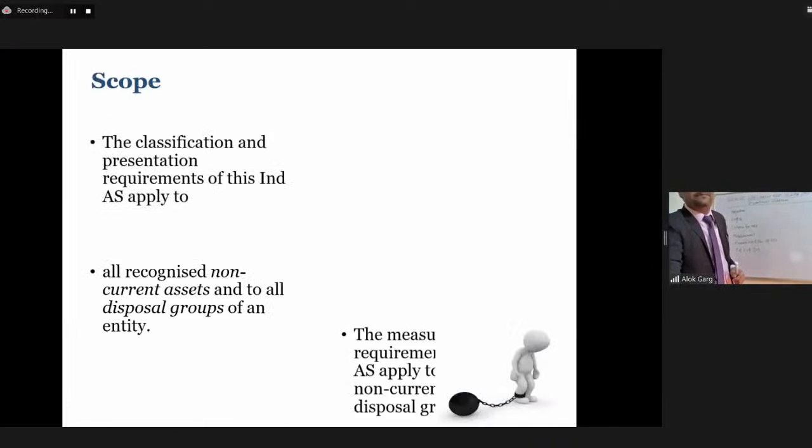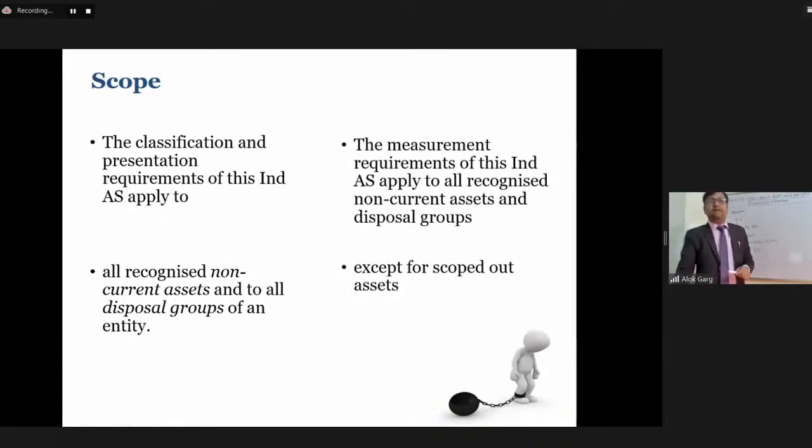Coming to the scope part, the classification and presentation requirement of this IND AS. The classification and presentation requirement of IND AS 105 is applicable to all recognized non-current assets and to all disposal groups of an entity.